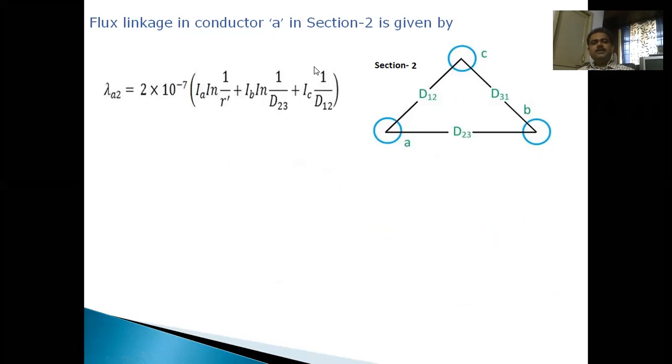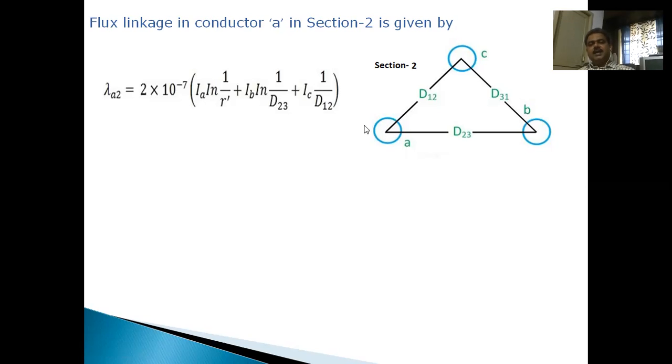Now if I observe the first, again the same flux linkages in conductor A due to current passing through this conductor, that is IA ln 1 by R dash. Is it clear? Plus due to conductor B, here the distance is D23, IB ln 1 by D23.